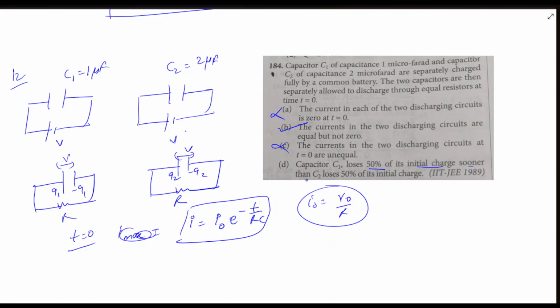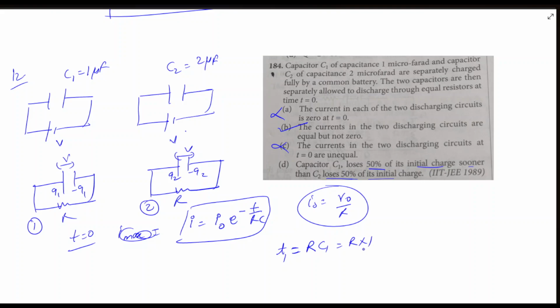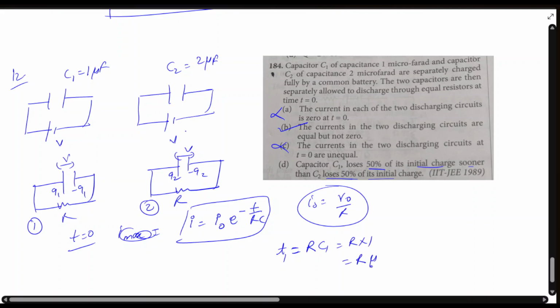Now, capacitor C1 loses 50% of its initial charge sooner than C2 loses 50% of charge, right? So let's find the time constant for them. Let's call this 1, this 2. So T1 will be RC1, so it will be R into 1, that is R microseconds, right? So this is T1.